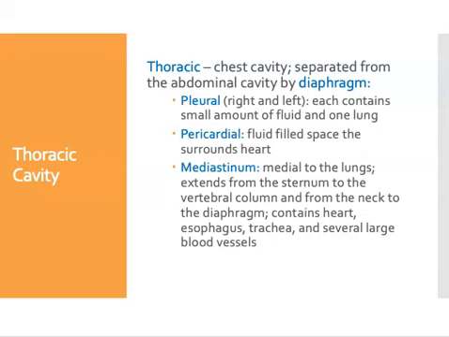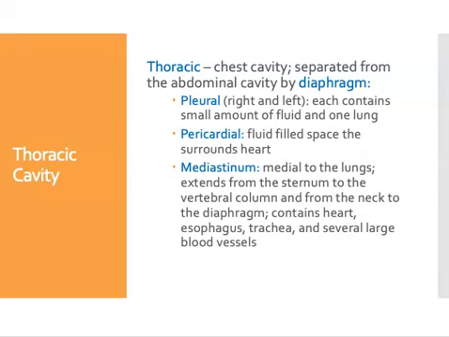Now, inside the thoracic cavity, there are three separate cavities. There's what's called the pleural cavity, and there are two of them, left and right, the pericardial cavity, and the mediastinum. The pleural cavities on the left and the right are containing one lung each.